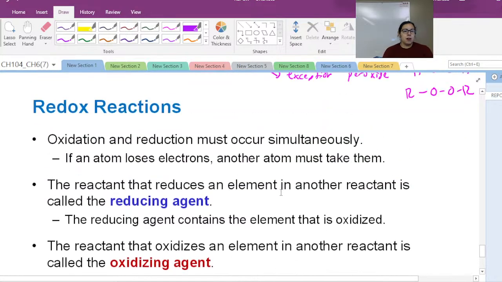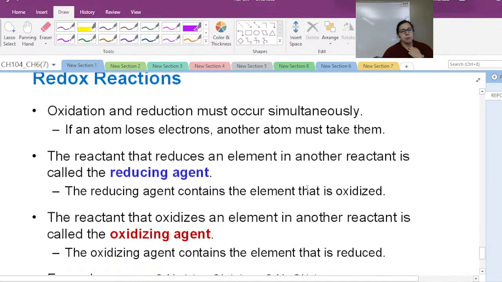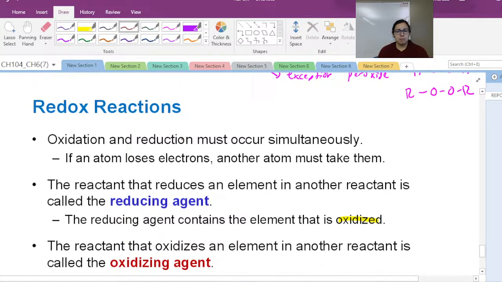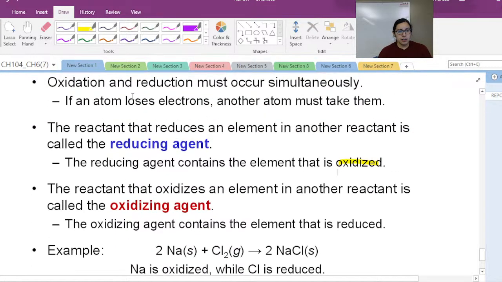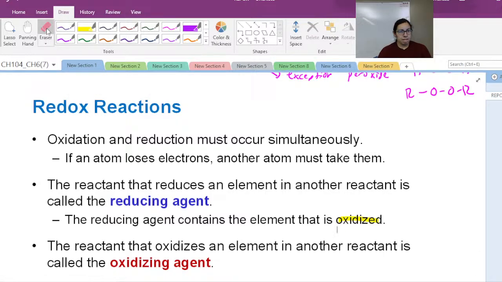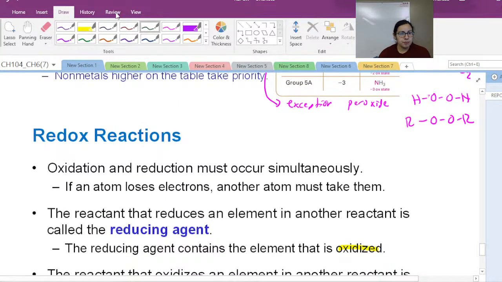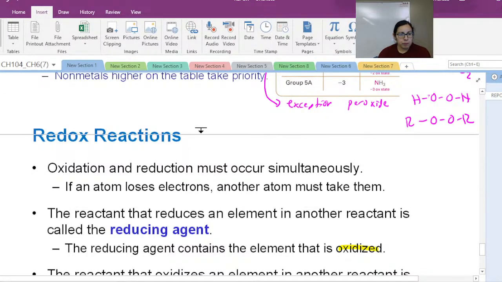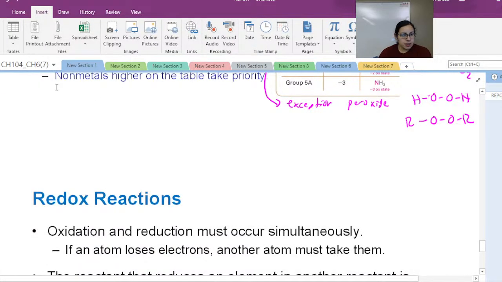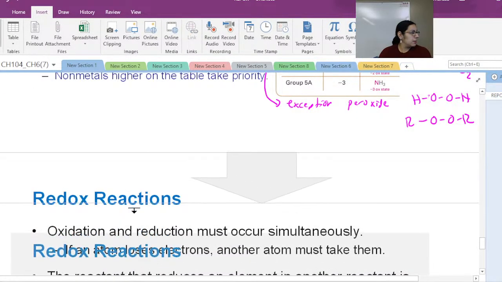Other terms: we can also have the term reducing agent, which is going to be the element that's oxidized. Same name. If we look back at our other example, I'm going to squeeze in the iron reaction that we had looked at initially.